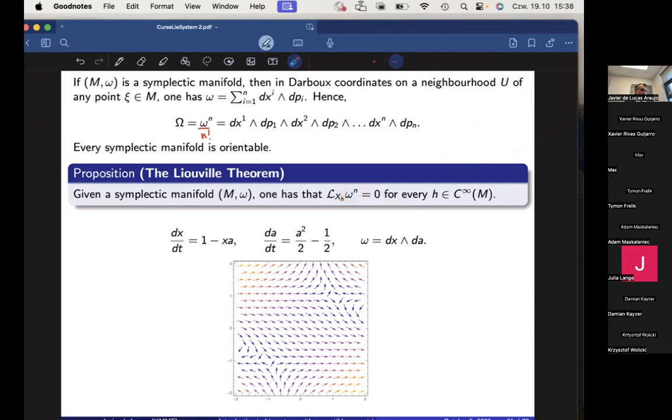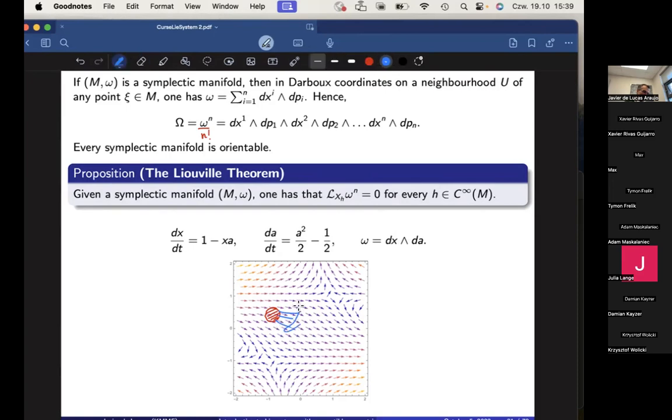What does it mean? It means that the volumes are not changed by the flow of Hamiltonian vector fields. So it's fun that if you start here with a certain ball in a certain symplectic manifold, after a while the flow can deform it along integral curves, but you will always have the same volume.